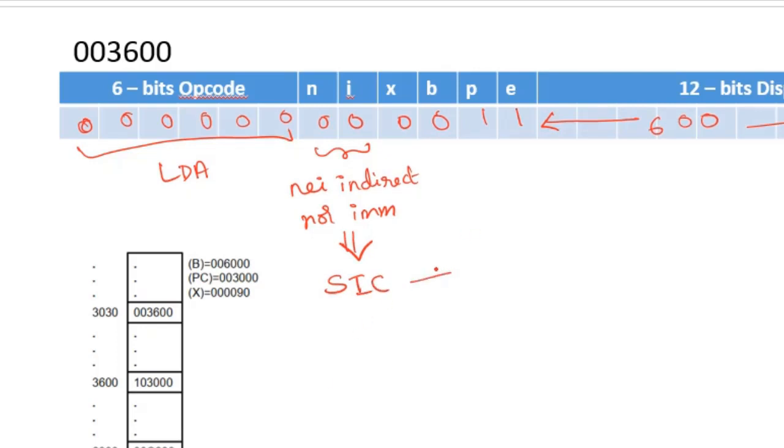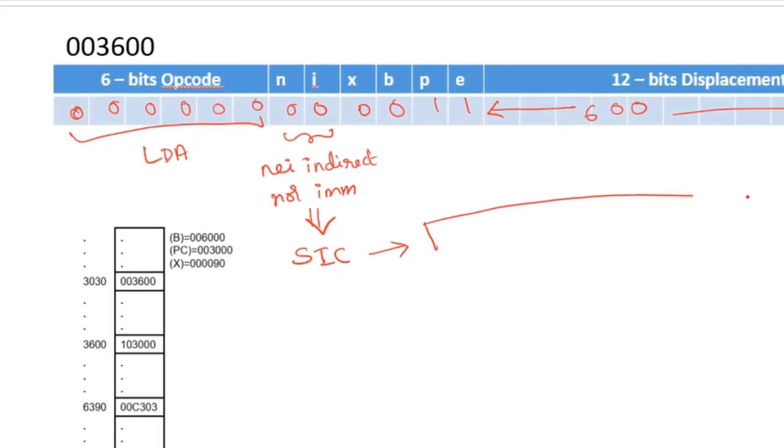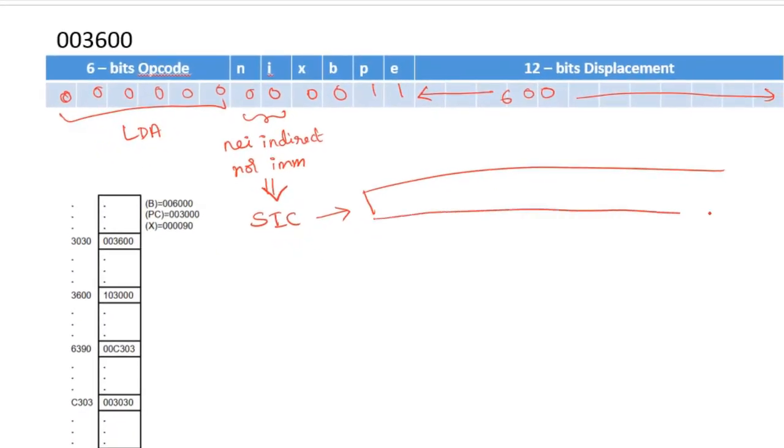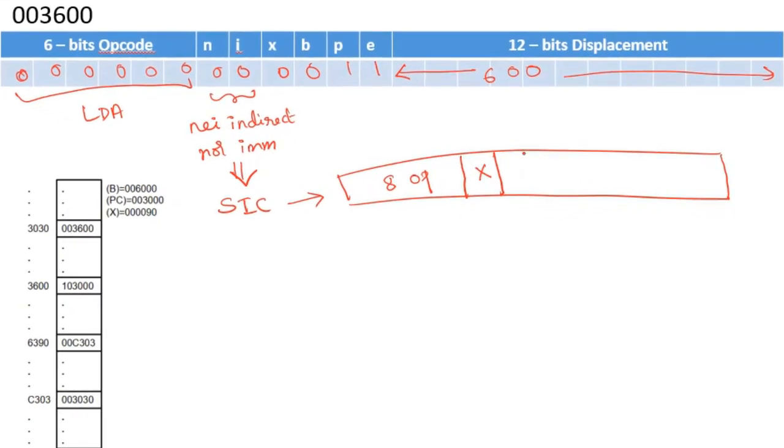So what is the instruction format of SIC? If you remember, we have 24-bit instruction formats. All instructions in SIC are 24 bits, and the 24 bits are split something like this. We have an 8-bit opcode, and there is 1 bit for determining the addressing mode. Only 2 addressing modes were there: direct addressing mode and indexed addressing mode, and the remaining 15 bits should be treated as address, right?